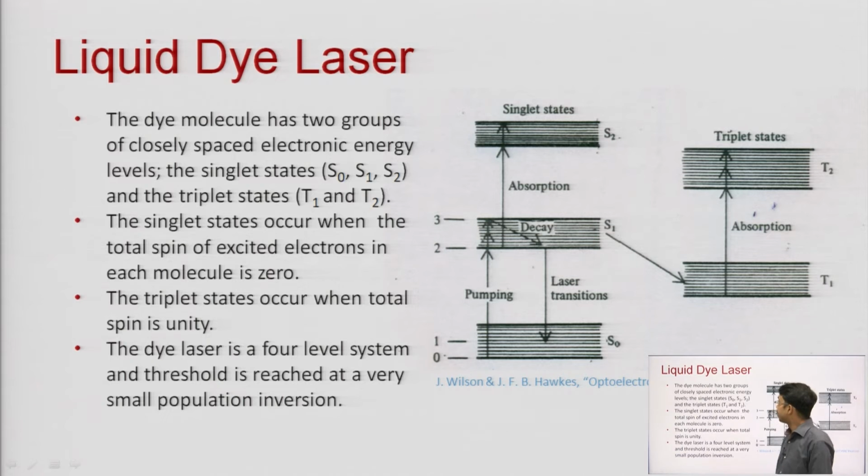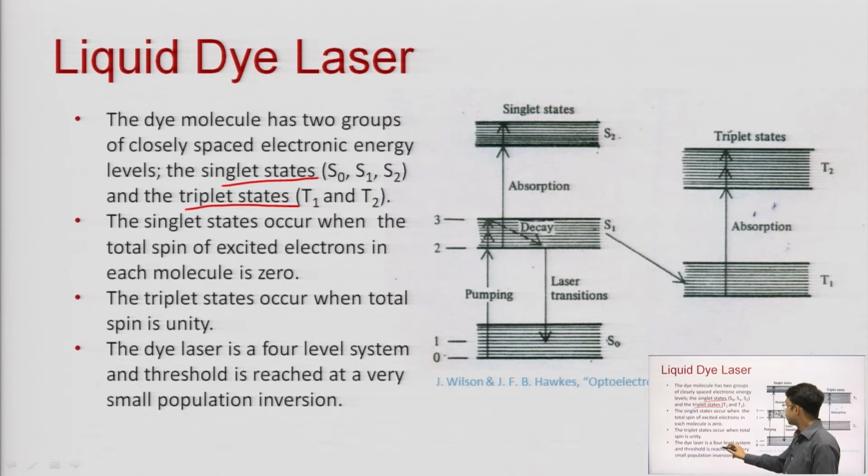So, this is the energy band diagram. You can see the dye molecule has two groups of closely spaced electronic energy levels, the singlet states and the triplet states. These are singlet states and these are triplet states. The singlet states occur when the total spin of the excited electrons in each molecule is 0.